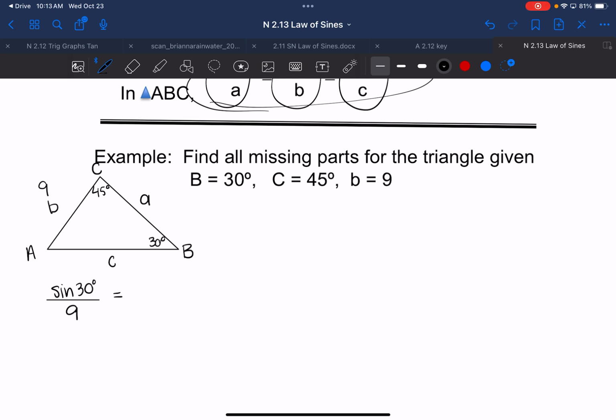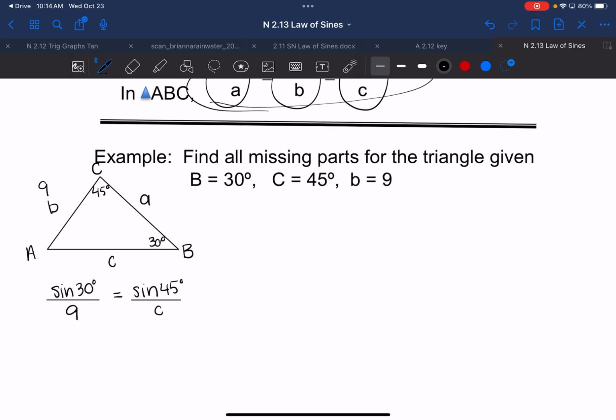Okay, so let's say we're looking for that. So then I would set this equal to sine of angle C, which is 45 degrees, right? And I would put that over side C. That's the part I don't know, so I'm going to leave it as a variable. So that's the only variable left in this equation. I just need to solve for it.